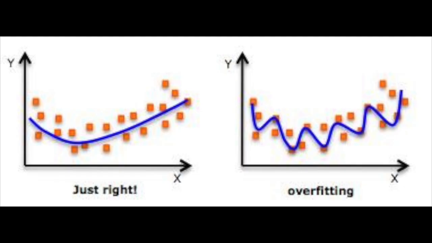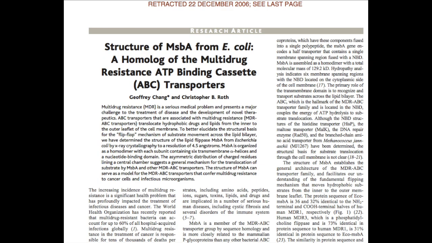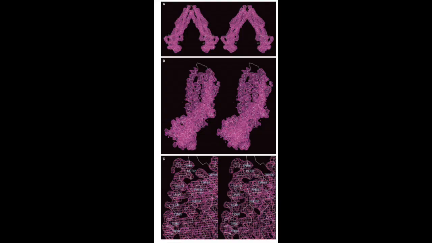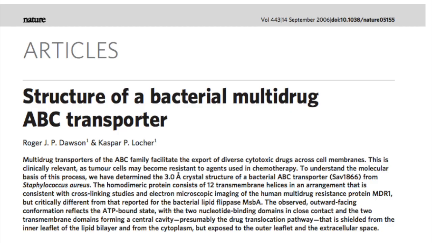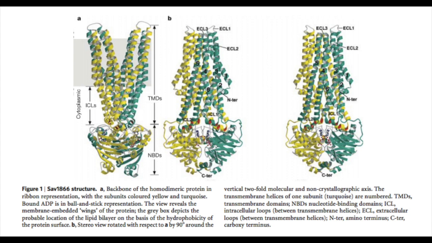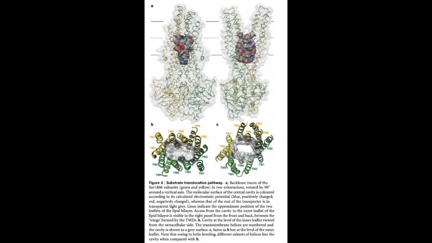A well-publicized case of overfitting is the initial structure of an ABC transporter, which was built into the wrong-handed electron density map. Fortunately, the structure was subsequently redetermined via a homologous structure by Dawson and Locher 2006. The original paper was retracted from Science.